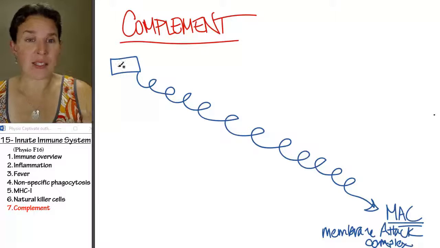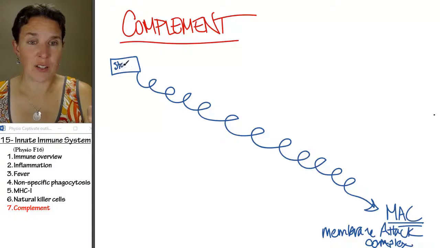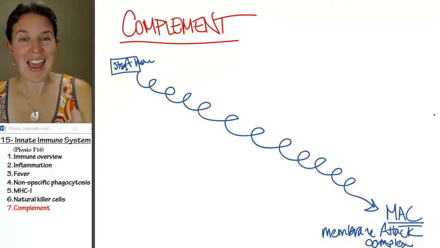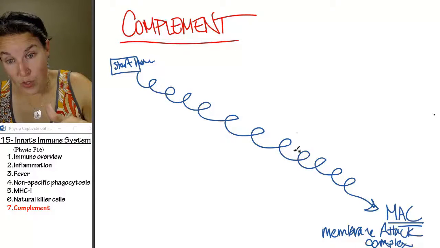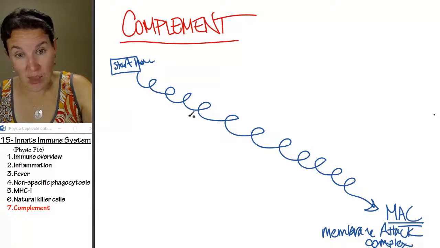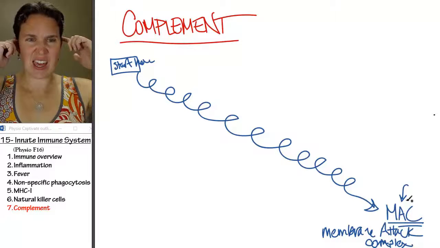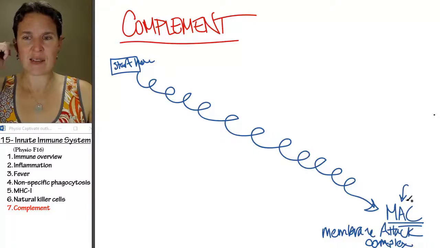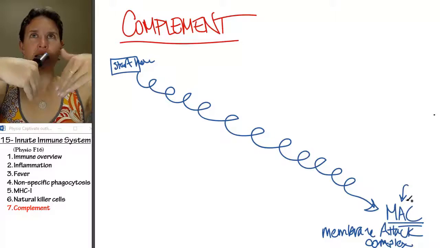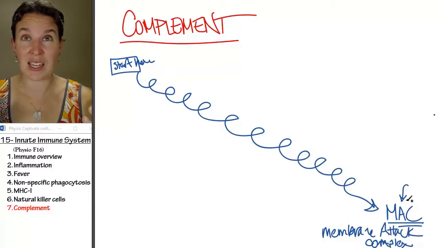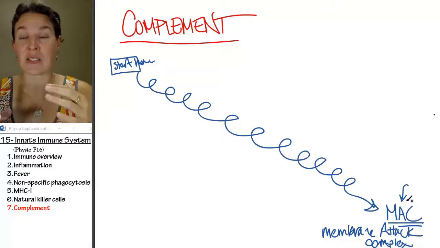Through the process of start here, something will initiate the complement cascade. And if all the proteins come along through the process, you'll actually end up with this thing that all the proteins come together and form, essentially, it's almost like initiating apoptosis.